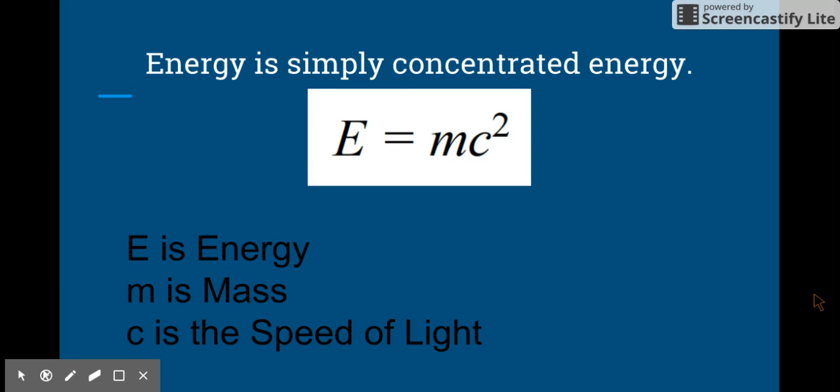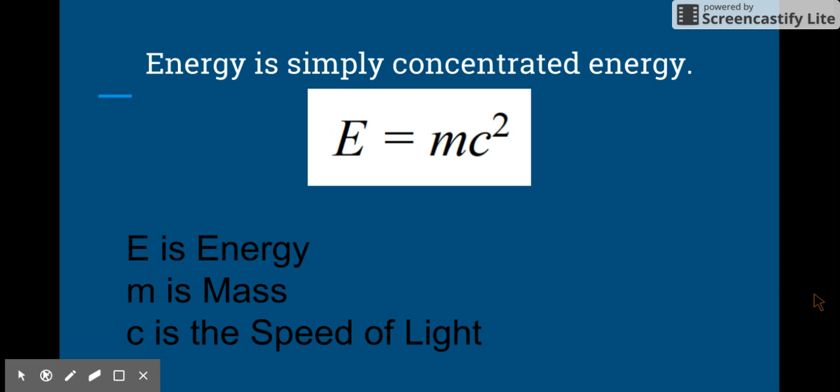One of the key ideas behind the theory of relativity is this famous equation, maybe one of the most famous equations there is: E equals mc squared. While many of us may have seen this equation before, you may not realize what it actually means.